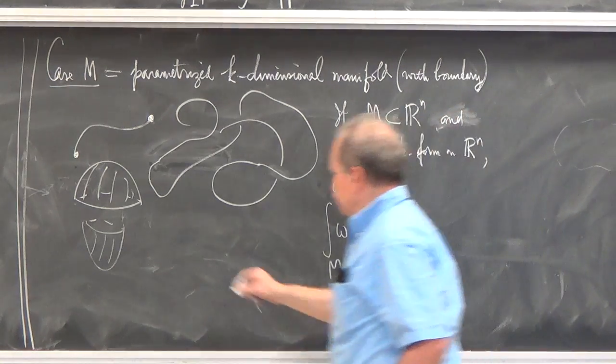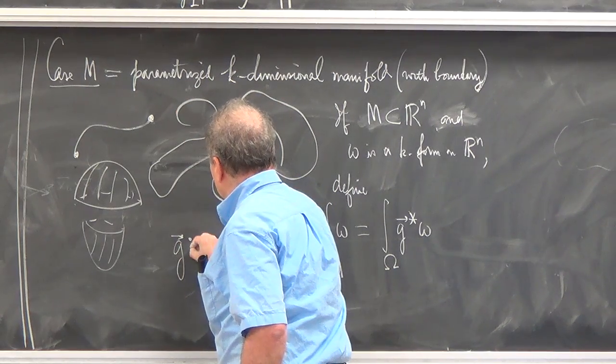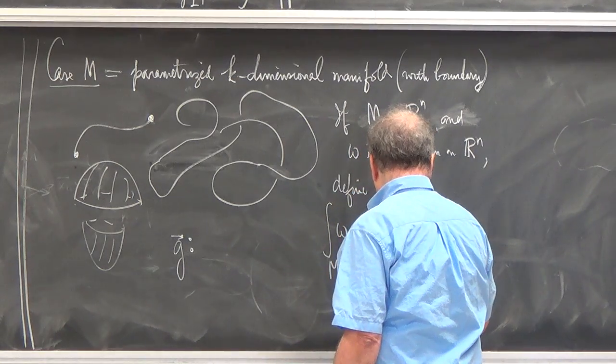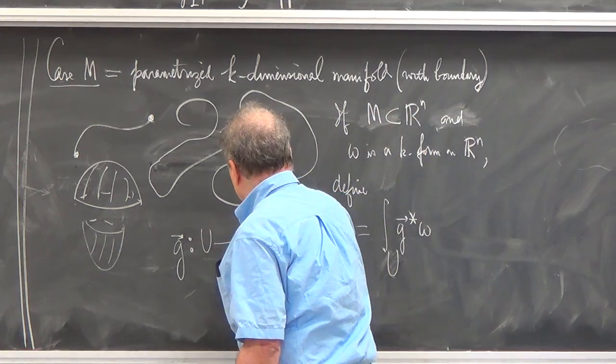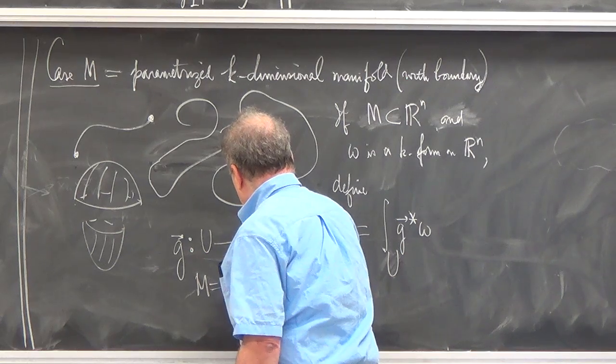So G, I said M is a parameterized manifold. That means you've got some domain that's parameterizing it.